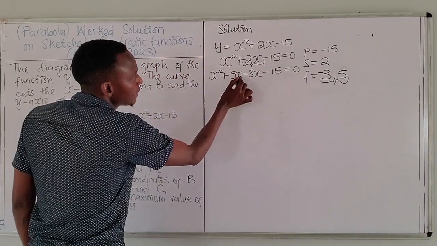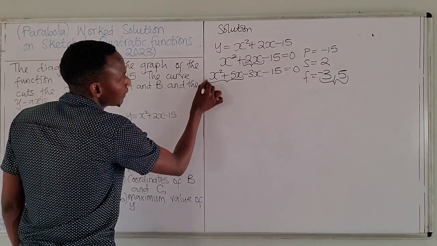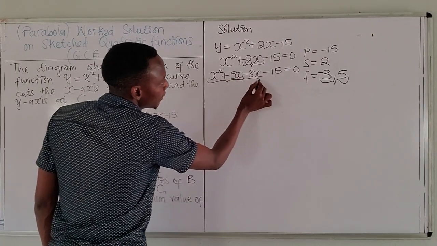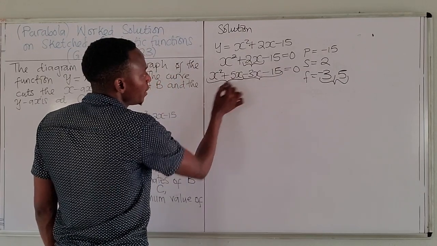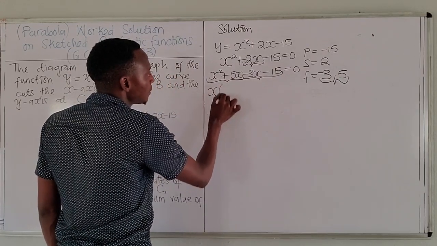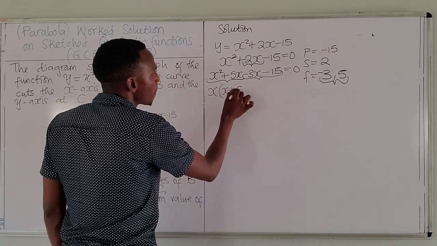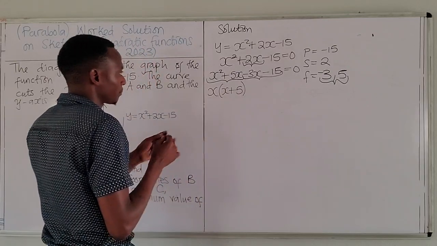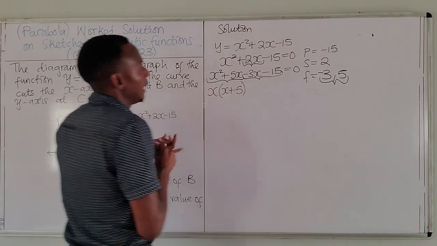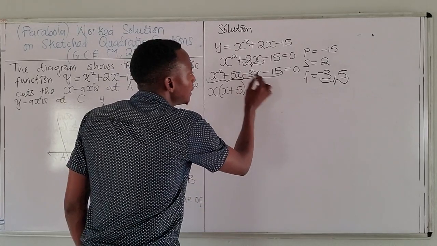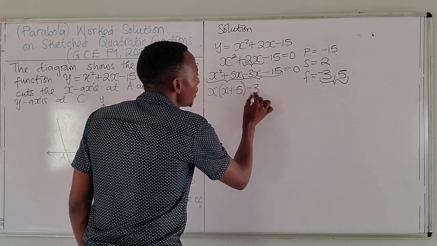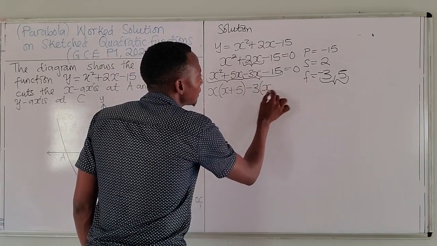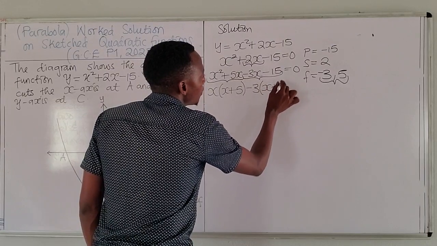From here we are going to factorize this part, and this part. What is common here is x, remaining with x plus 5. Again here, we factor out the negative 3, so that we remain with x plus 5.